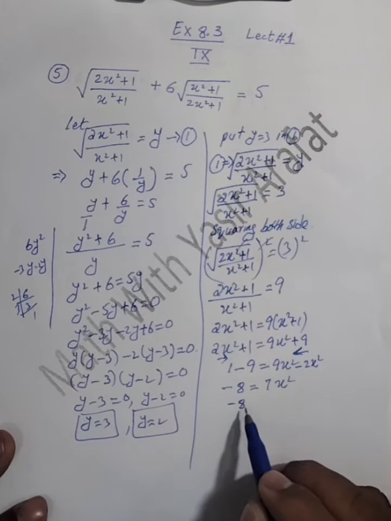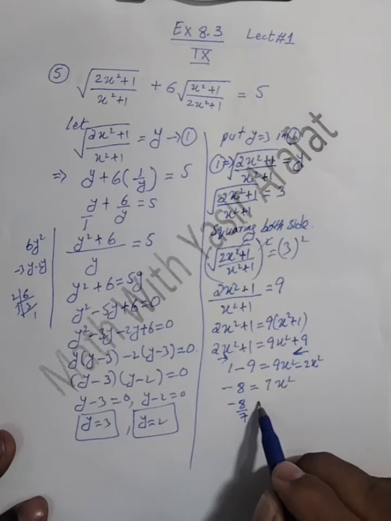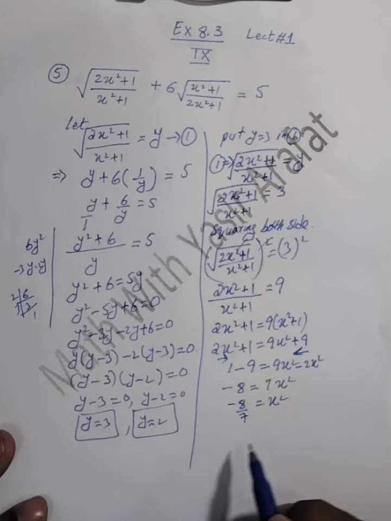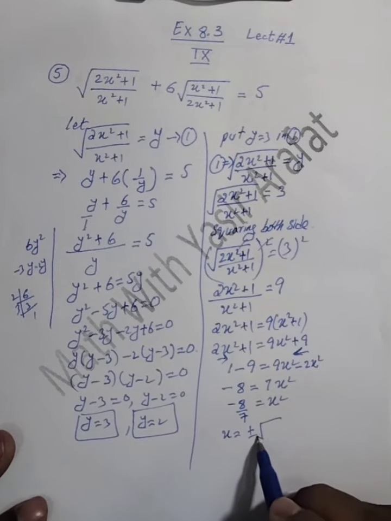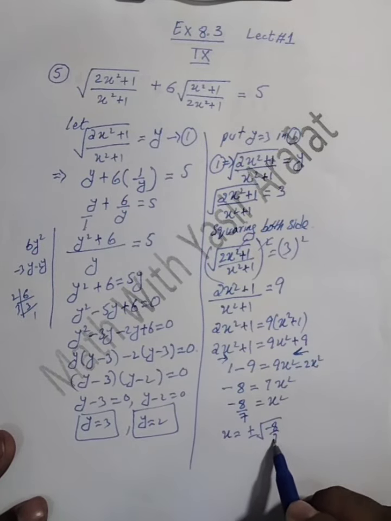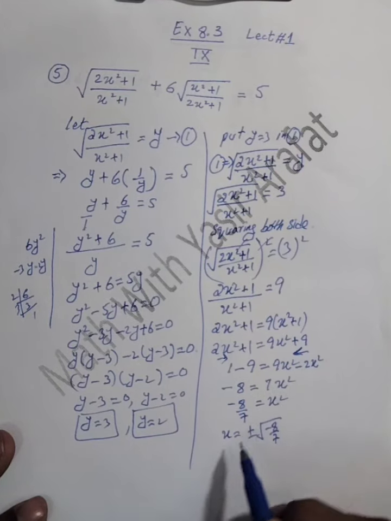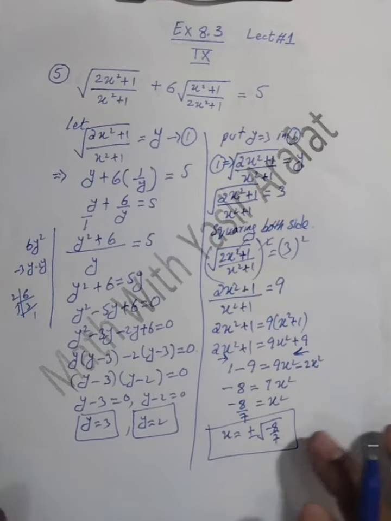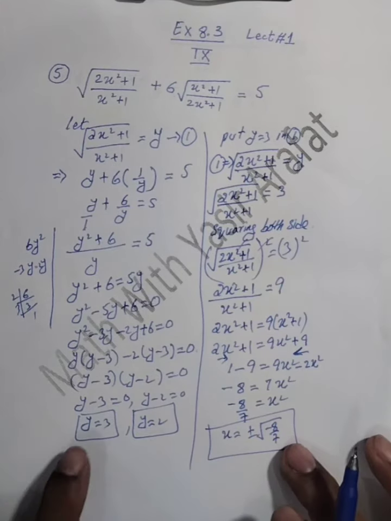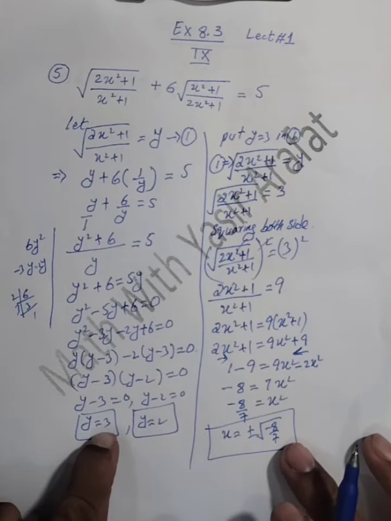And this is minus 8 over 7x square, and the value of x is plus minus radical of that, because we have to take out the square root on both sides. This is the value of x when y is equals to 3.